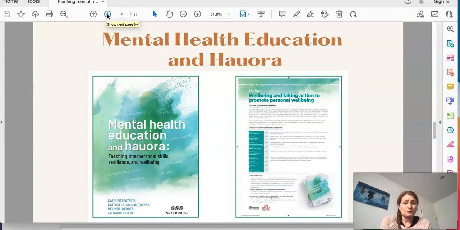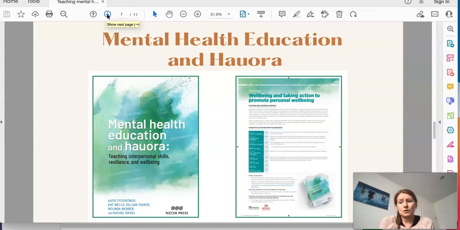We've got personal identity and who you are, those sorts of things. We've got Hauora, well-being. We've got interpersonal skills, and we've got health promotion. The interpersonal skills section is quite comprehensive, with a lot of activities that help young people develop understanding of interpersonal skills, but also practice them.